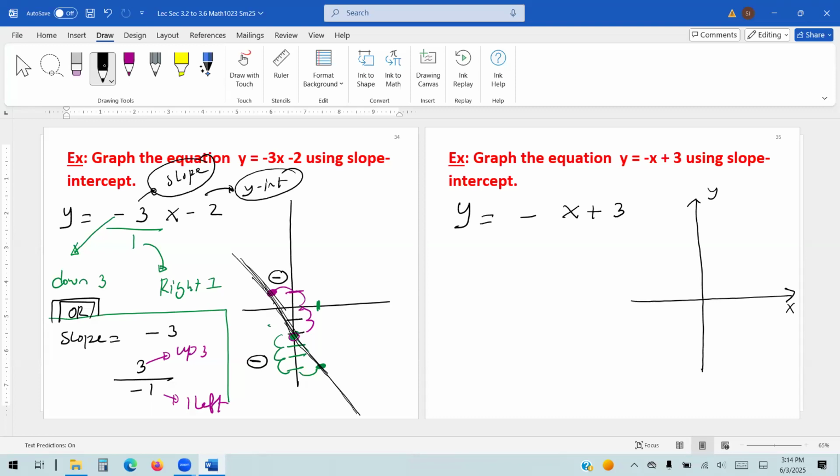Positive x, we are going right. So here we have negative y, positive x. From here to the down, and then positive x, so to the right. Positive is the right side. Negative 1 down.